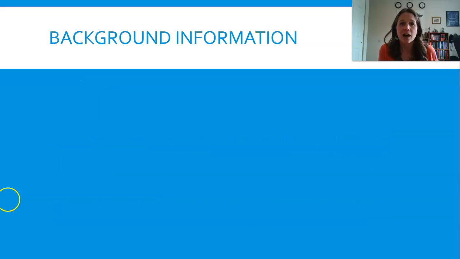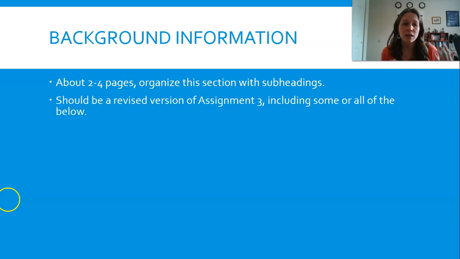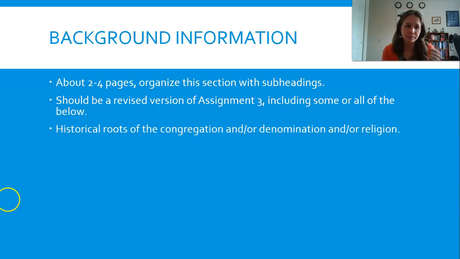All right. The last one here, background information. This should be about 2 to 4 pages, and it should be organized with subheadings. You should be revising assignment 3, including some of the information here, maybe all of it, as long as it's not too overwhelming, and following any feedback I give you.